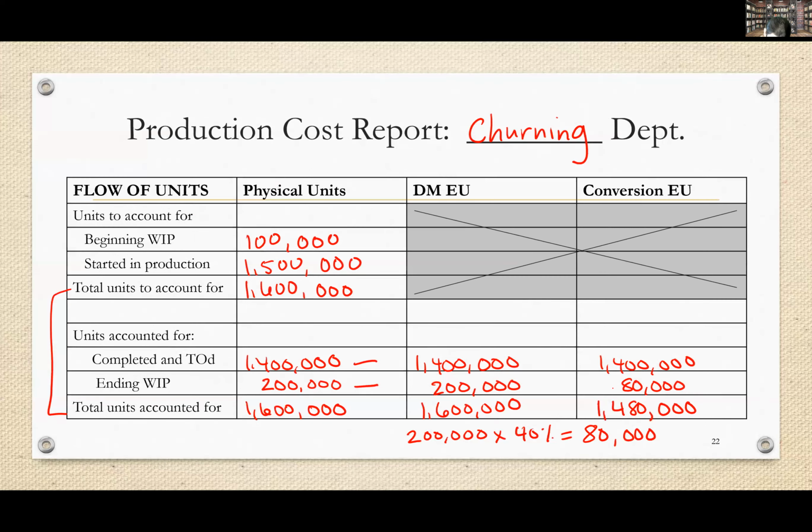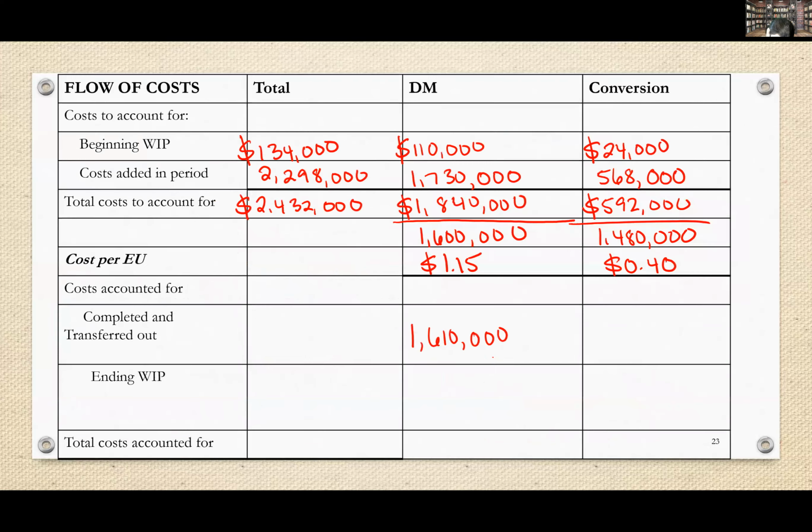Right? So we're looking at those units. So how many units did we transfer out? 1.4. Remember, we transferred these to the next department. Okay, so those 1.4 million units we transferred, $1.15 of those per pound for the cream and the salt. Now we have 40 cents per pound for the direct labor and the manufacturing overhead.